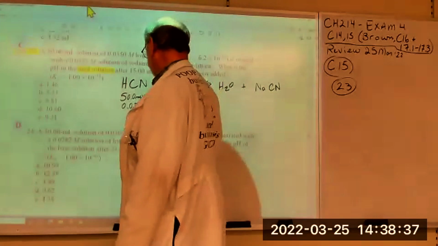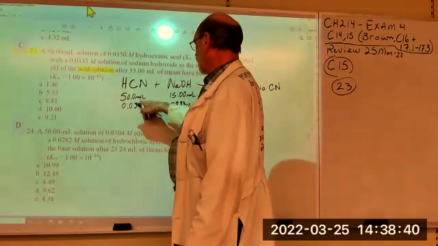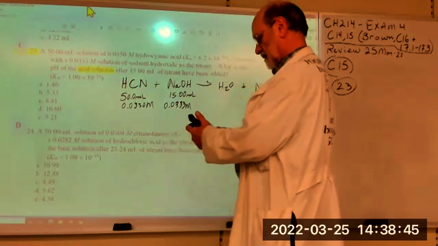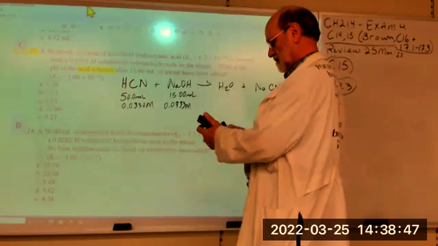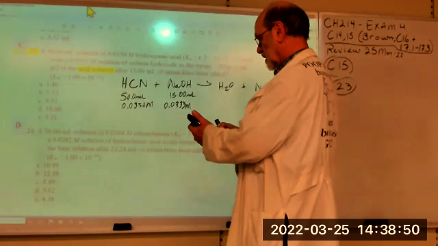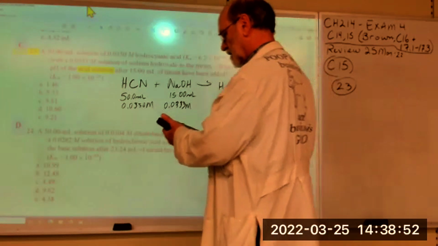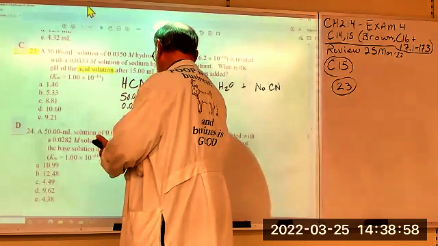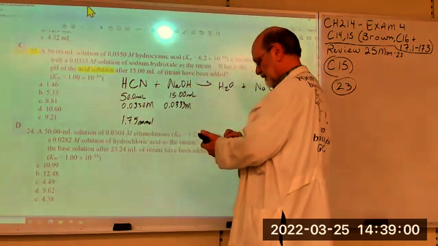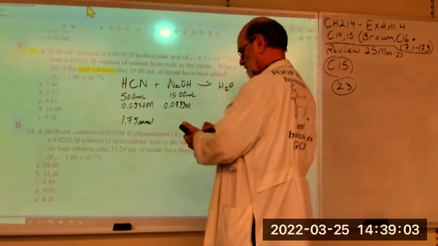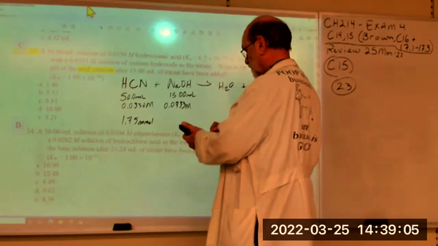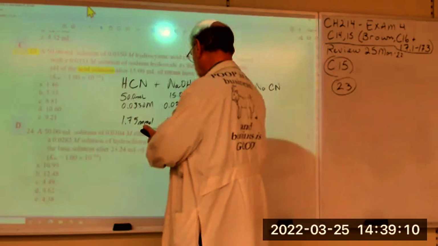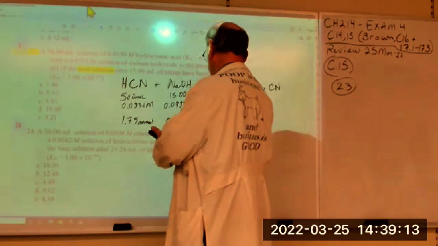So before, how many millimoles of HCN do we have? 50 times 0.035. We have 1.75 millimoles of that one, and 15 times 0.0333. So this one is 0.4995 millimoles.